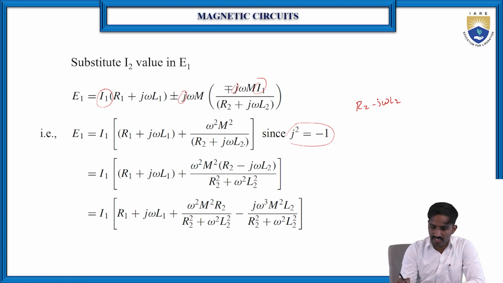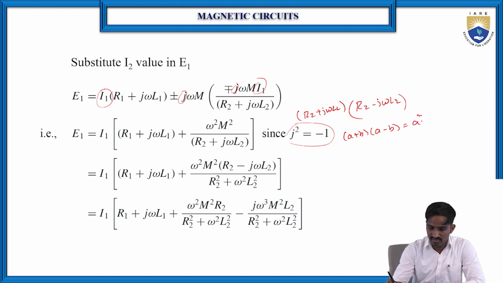If you multiply by R2 minus j omega L2, the term R2 plus j omega L2 is already there. So A plus B into A minus B is equal to A square minus B square, where A is equal to R2 and B is equal to j omega L2.